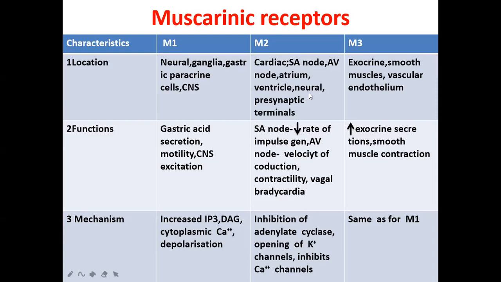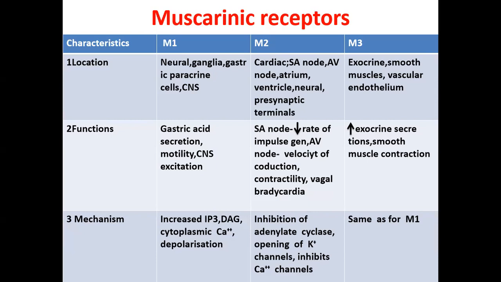Think of M1 as the head, the CNS. M2 is cardiac: SA node, AV node, atrium, ventricle, and neural presynaptic terminals. M3 is exocrine in nature, present in smooth muscles and vascular endothelium.